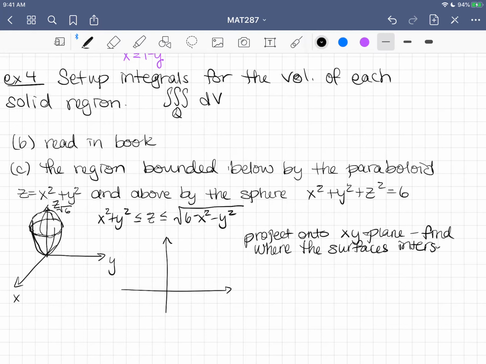Well, they're intersecting when their z values are equal. So I want to set the equations equal. So I have z equals x squared plus y squared. And if I plug that in up here for x squared plus y squared, I get z plus z squared equals 6.